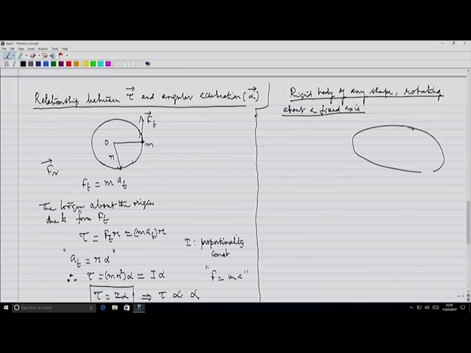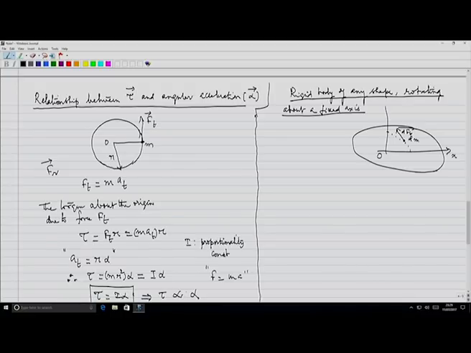So I have some arbitrary rigid body and I can set up the axis. O is the origin, and I have here a small mass dm. This dm will sweep a circular orbit, and this is the tangential force, dFt.